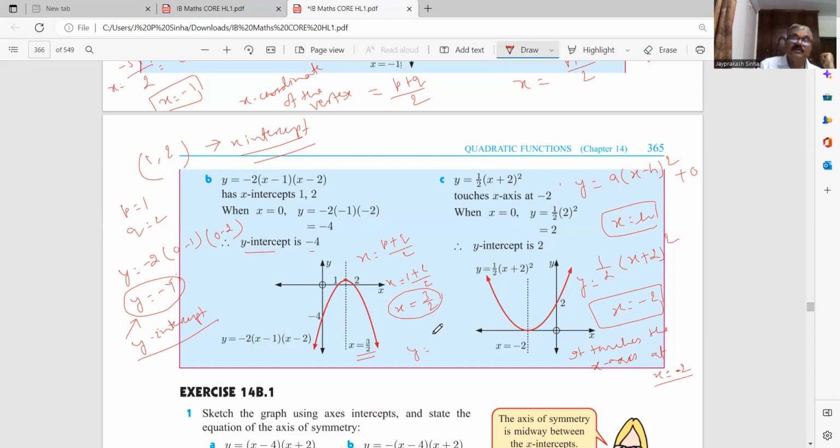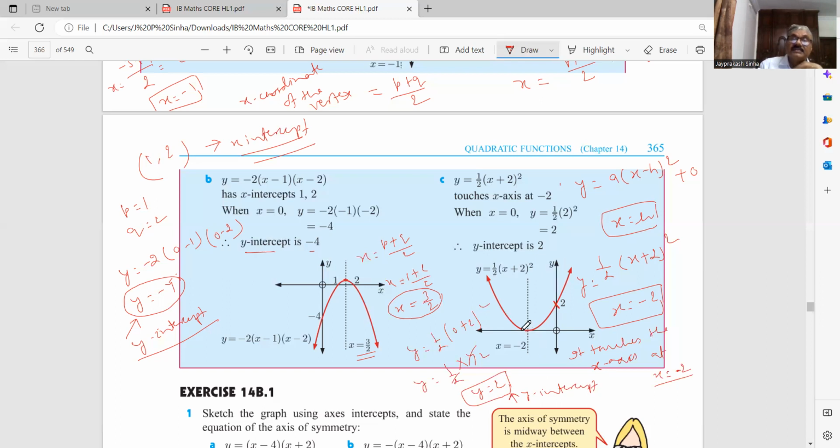So y is equal to half into (0 plus 2) whole square. Means y is equal to half into 2 square. 2 square is what? 4. So 2 twos are 4, so y is equal to 2. So y is equal to 2 is the y-intercept.